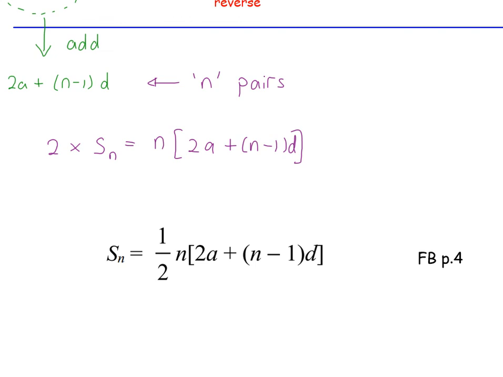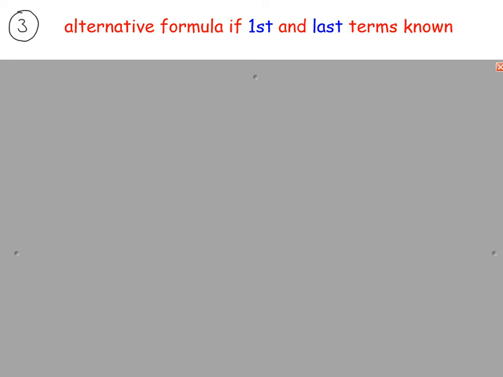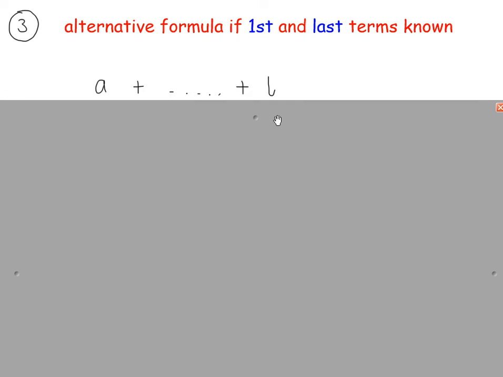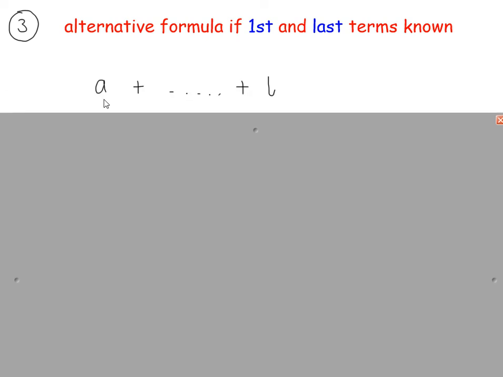Now there's an alternative formula for the sum of n terms, but you must know what the first term and the last term are. The ones in between don't matter, but you must know the first and the last term. So the first term is a, and we use L for the last term. You have your other terms in between in the series.